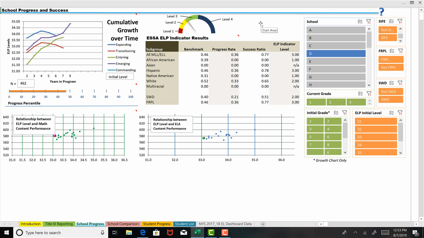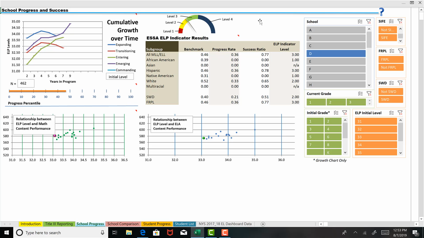And so the ELP indicator results are displayed whether or not a school meets the minimum N, which is useful if a school is very close to the minimum N. It gets some sense of how their performance would look once they reach that minimum N. Secondly, since the focus is on current student performance, this ELP indicator only includes current students and no prior students.